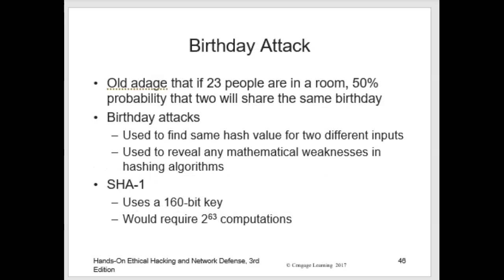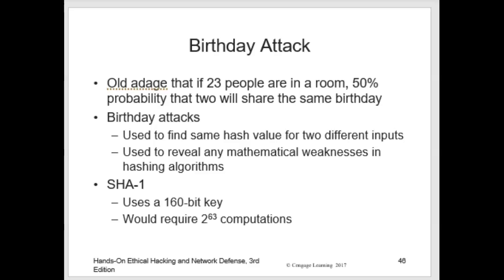Now, continuing with the line of reasoning, types of attacks, there's the old adage that if 23 people are in the room at a birthday party, there's a 50% chance that 2 of them will share the same birthday, right? That's kind of weird to me, but it's known in cybersecurity as a birthday attack.